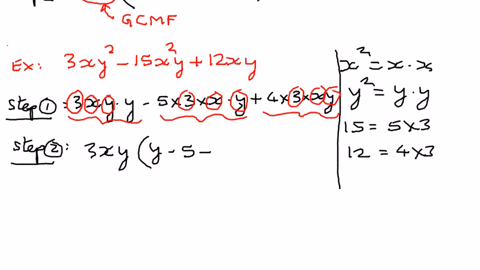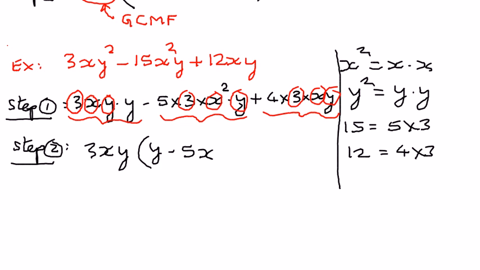I think I missed something here. 5 times 3 is 15, and we have x to the power of 2 here, and then we have y. 4 times 3 is 12 times x times y, and therefore here, since we pulled out 3xy as common, we are left with 5x in here.